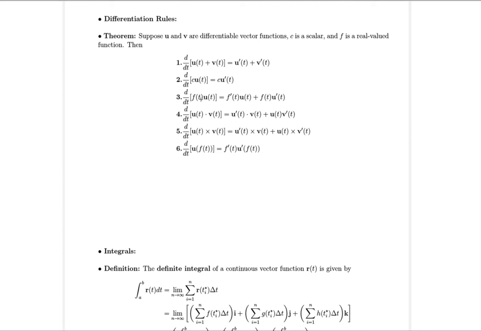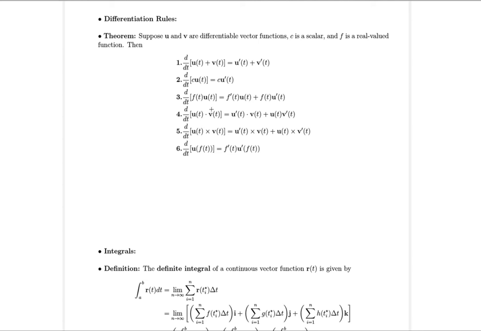We have the product rule with, now this is where it gets a little weird. Notice how f is not bolded. So this is a function that is not a vector function. It's just a regular old function like you're used to, but it does depend on t, times a vector-valued function that depends on t. So the product rule works here. You can do f prime times the vector u plus f times the vector u prime.